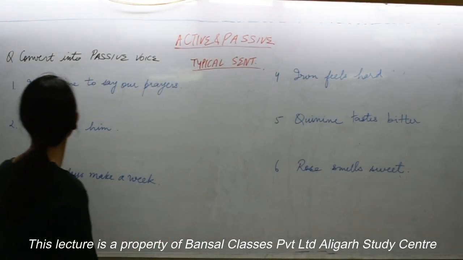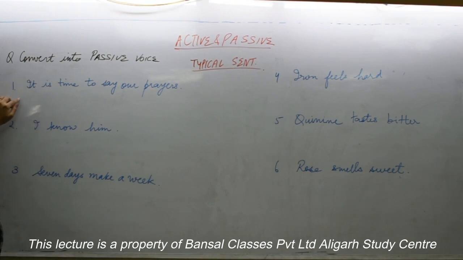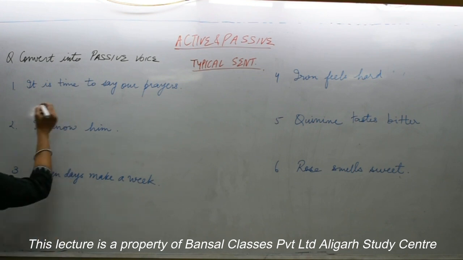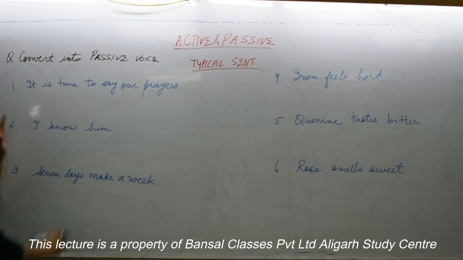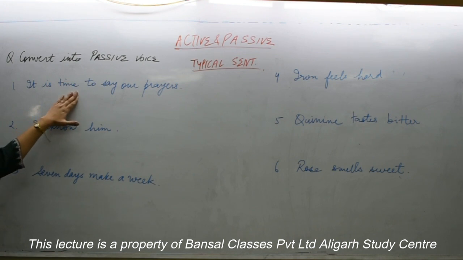Let's begin. Some typical sentences. It is time to say our prayers. In these sorts of sentences, when this phrase it is time is used, we copy it as it is.